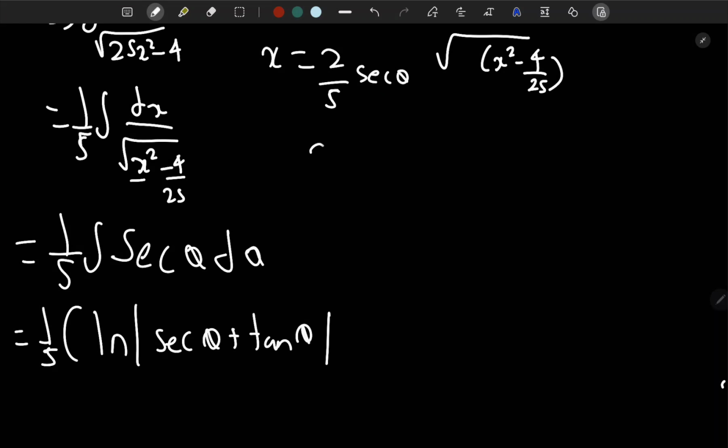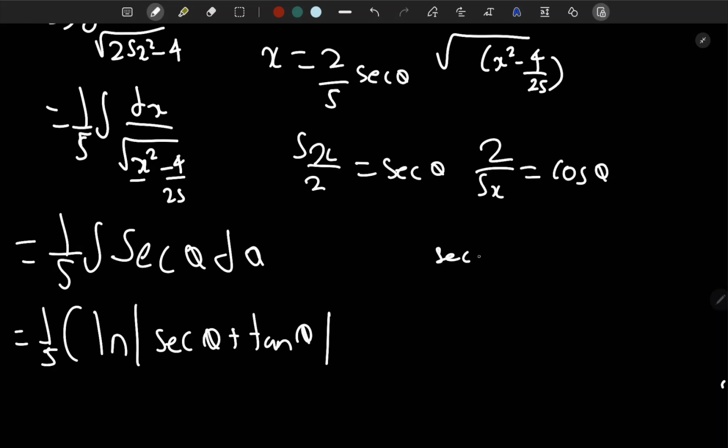So here x over 2 over 5 is equal to secant, right? And we can take this 5 up, so it's going to be 5x over 2 is equal to secant. And if we convert this to cosine, since secant is 1 over cosine, the cosine is going to be equal to 2 over 5x is equal to cosine delta. Since you know secant delta is equal to 1 over cosine. So all I did is just flip it and write it in terms of cosine.